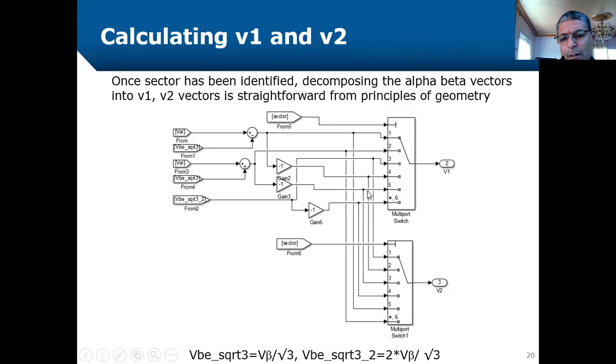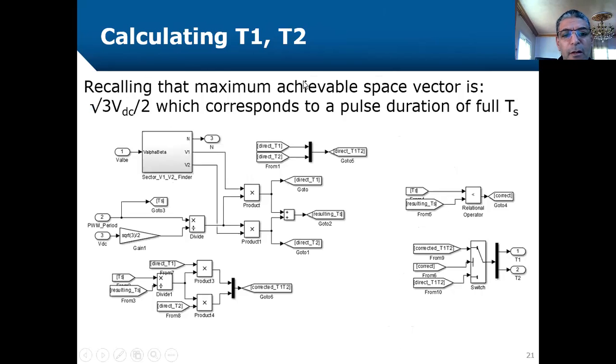Many implementations can be given to this part, whatever you like. This is like a switch case statement, for example. Calculating T1 and T2, recalling that the maximum achievable space vector is square root of 3 multiplied by VDC over 2, which corresponds to a pulse duration of the full TS. So this is the VDC. We multiply it by square root of 3 divided by 2.